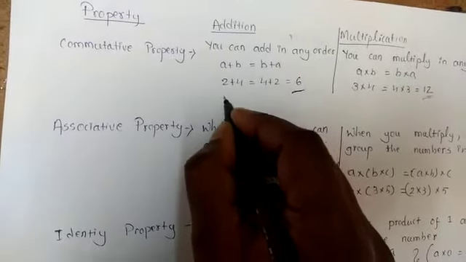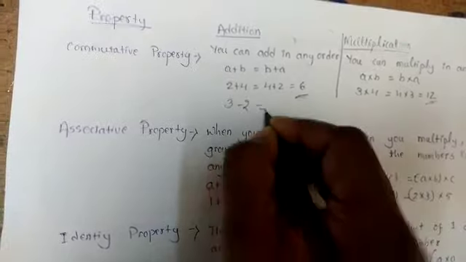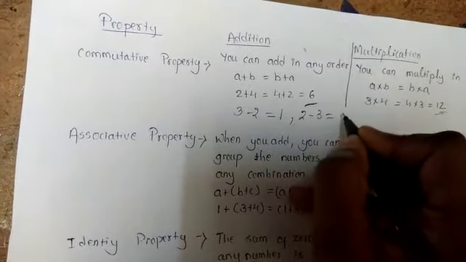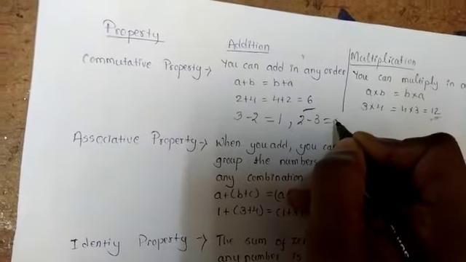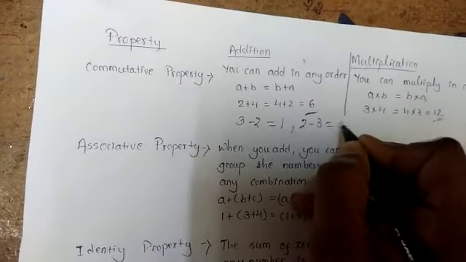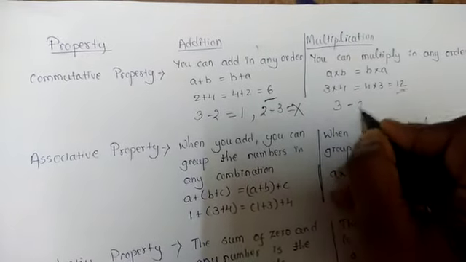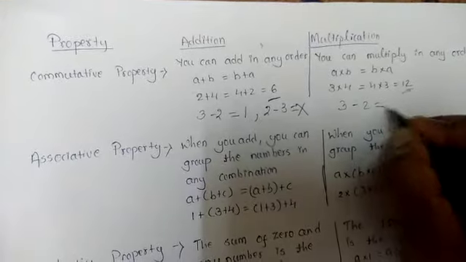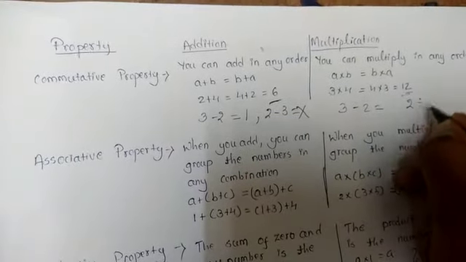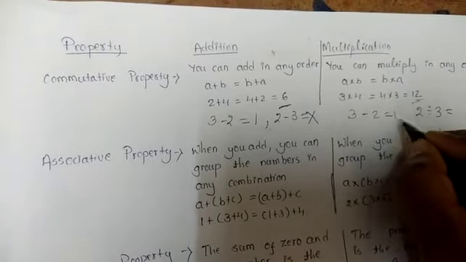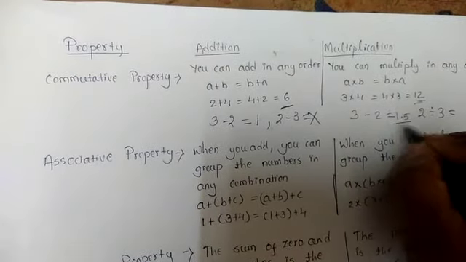Suppose, see, 3 minus 2 is equal to 1, but 2 minus 3 is not possible. But in integers it is possible. We will learn it later. In the case of division also, 3 divided by 2 is possible, but 2 divided by 3 is not possible here. Okay, 1.5 or something you will get as the answer.